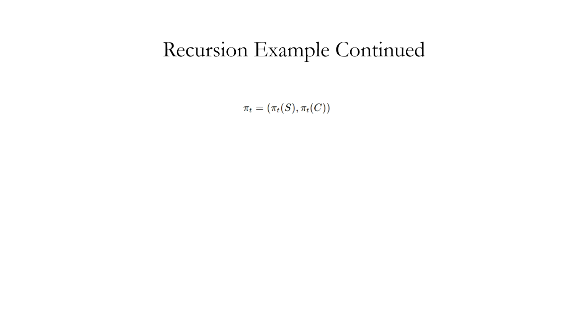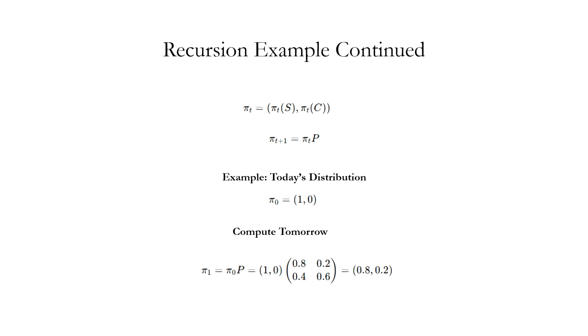So pi t has a component for sunny, s, and a component for rainy. And pi t plus 1 is equal to pi t times P. For example, if today's distribution is pi naught equal to 1, 0, we compute tomorrow by multiplying it by that transition matrix, and we get 0.8, 0.2.